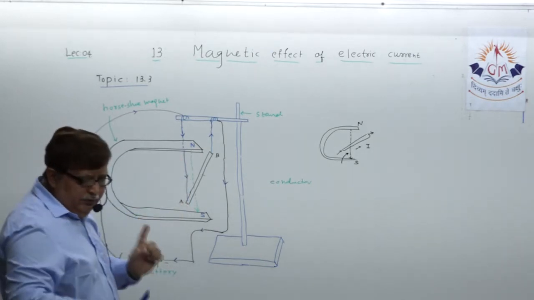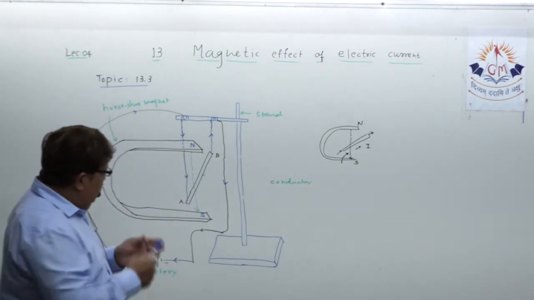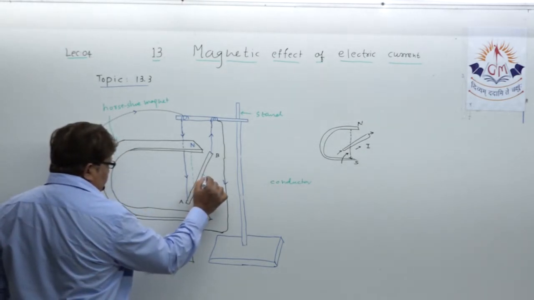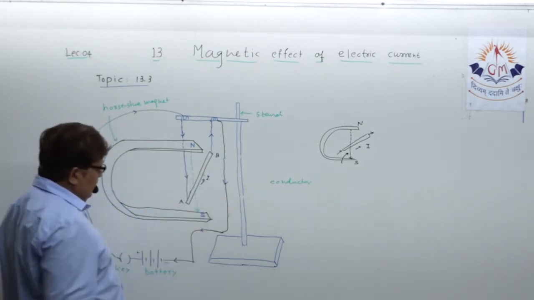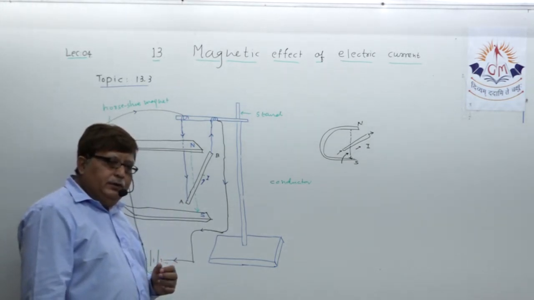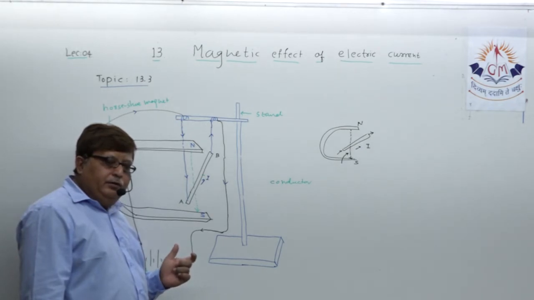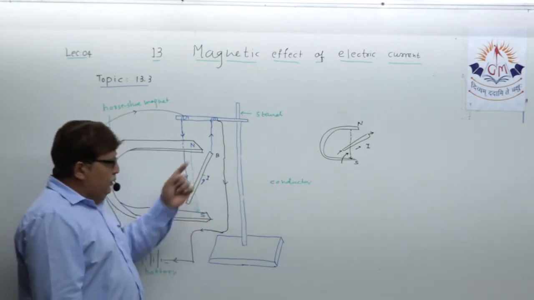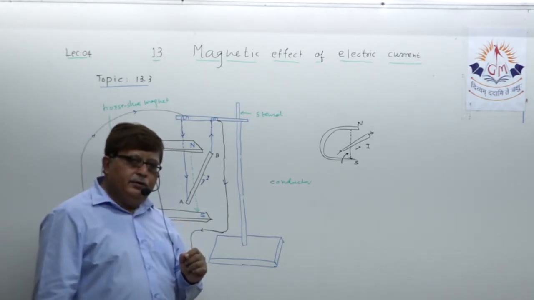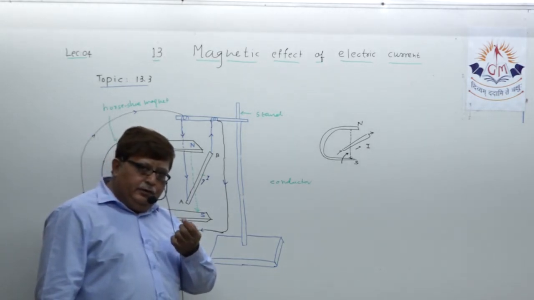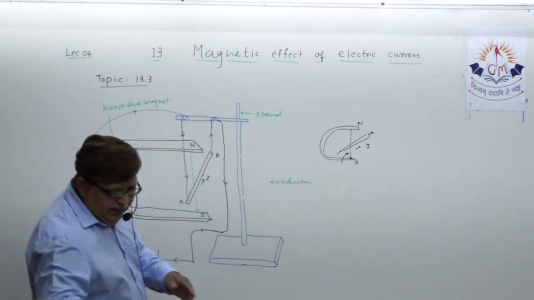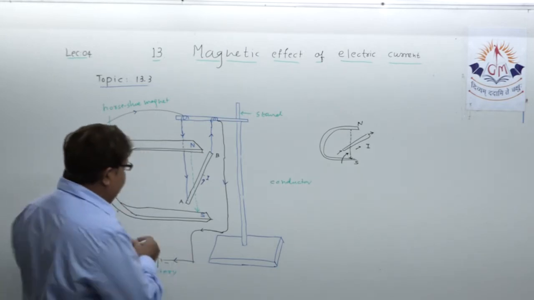Now what happens, dear student? Here we saw the direction of current. The moment you allow electric current to pass through the conductor, you will see that the conductor will be pulled in the left direction. Try to understand.